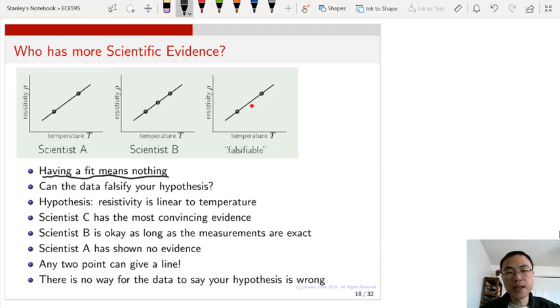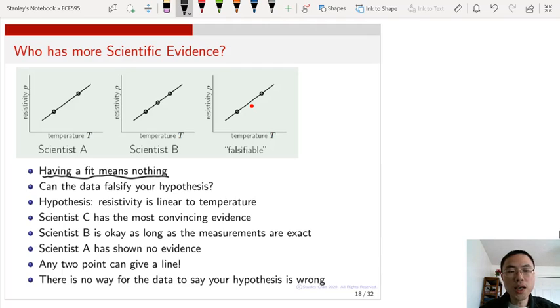Here you have 3 scientists, A, B, and C. Scientist A looks at 2 data points, and says that I am going to fit these 2 data points using a straight line. Scientist B says that I have 3 data points, and I'm going to fit these 3 data points using a line.